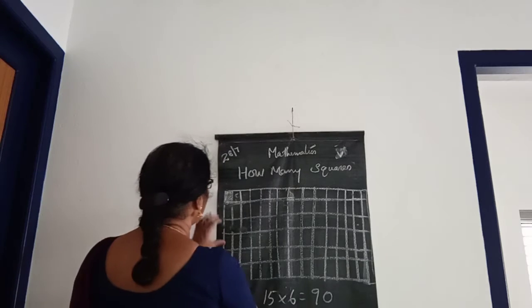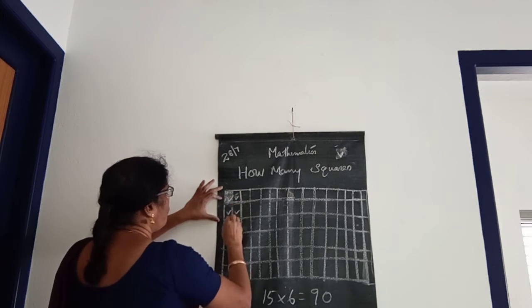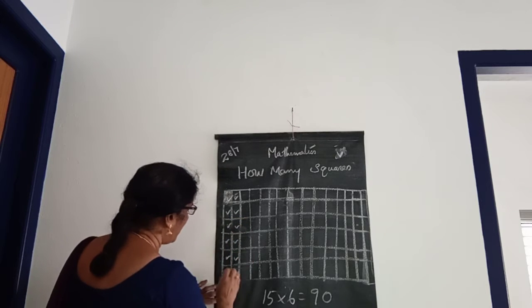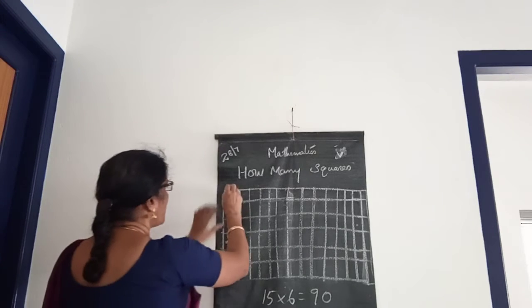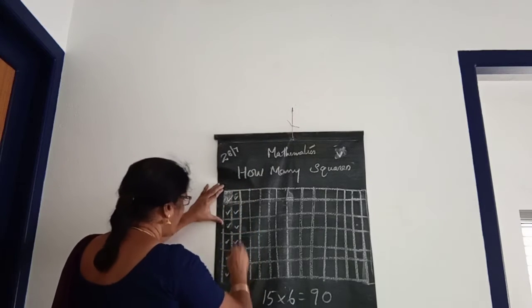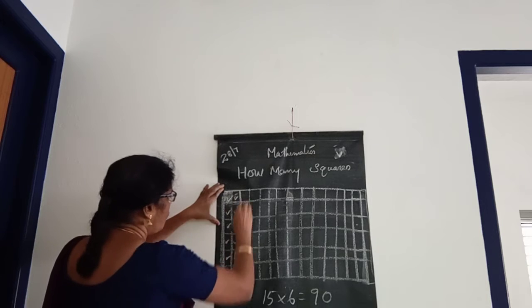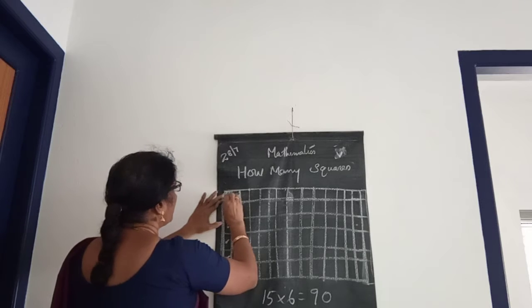You can see here, children. Yes, 1, 2, 3, 4, 5, 6, 7, 8, 9, 10, 11, 12. This one is 12 squares. From those 12 squares you can make one rectangle. Okay, you can make one rectangle here.